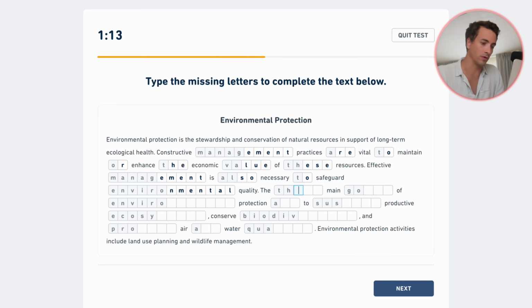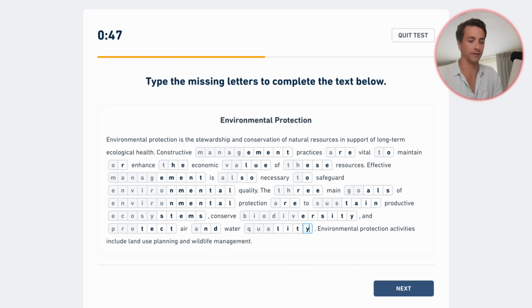Environmental, that's a word that we saw in the title and in the first sentence and in the last sentence as well. Okay, so they're not going to be always new words. The three main goals of environmental protection are to sustain productive ecosystems, conserve biodiversity, and protect air and water quality.